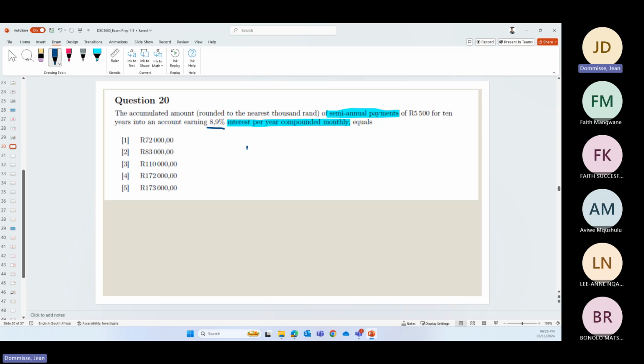Okay, so that is the first thing that we need to do. So we first need to change our interest rate. For that, we've got the formula that is also in your study guide.